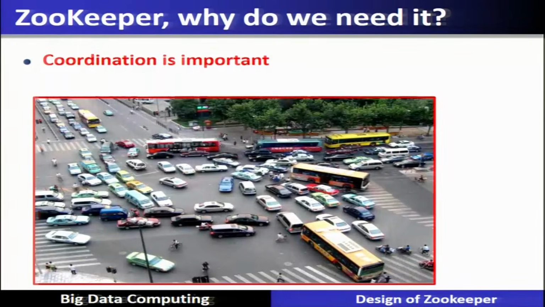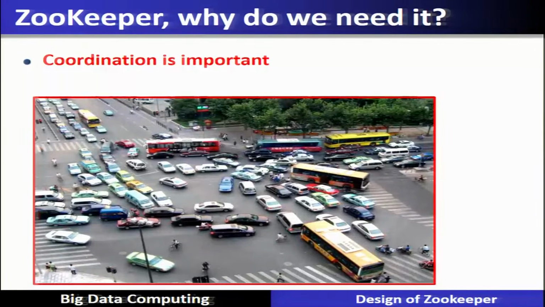Therefore, for the smooth way of resource allocation in a fault tolerant or a reliable manner, there is a requirement of a coordination service, and Zookeeper is used for that purpose for designing different big data applications and libraries. We will see this in this part of the discussion.